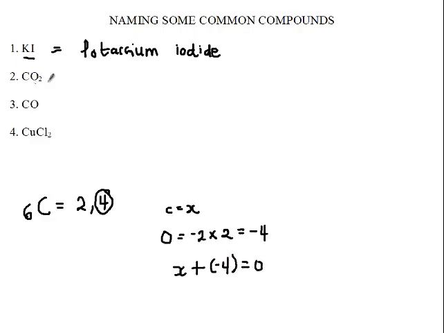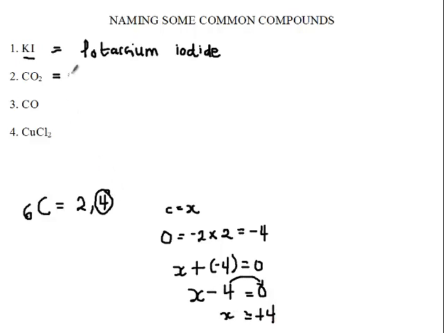That is because CO2 is a neutral compound. Now, when a plus and a minus meet, it is going to change to a minus. So X minus 4 is equal to 0. We send -4 across the equal sign, and then we're going to have X is equal to +4. Therefore, the oxidation number of carbon over here is +4.